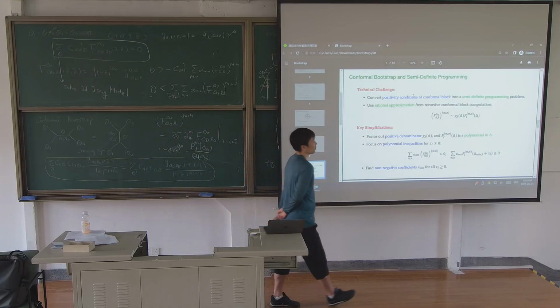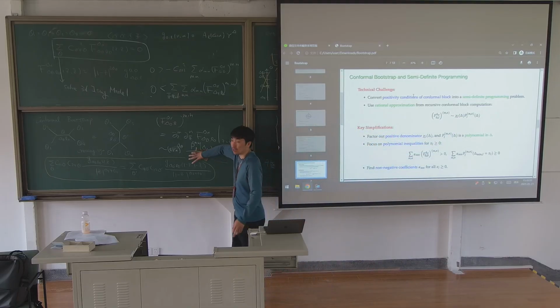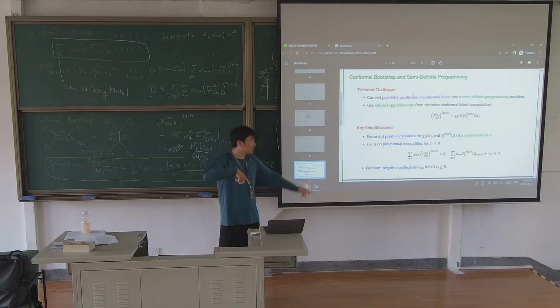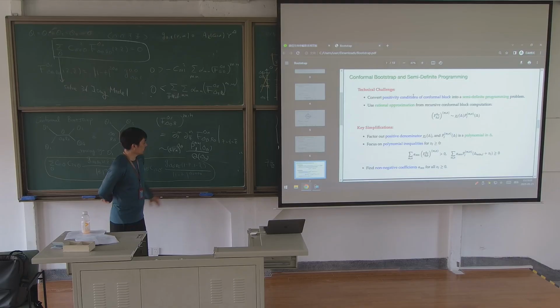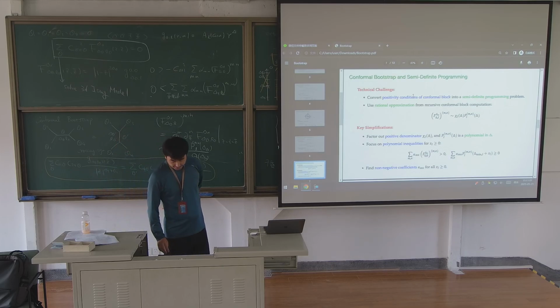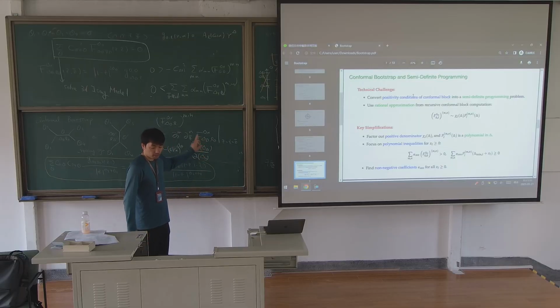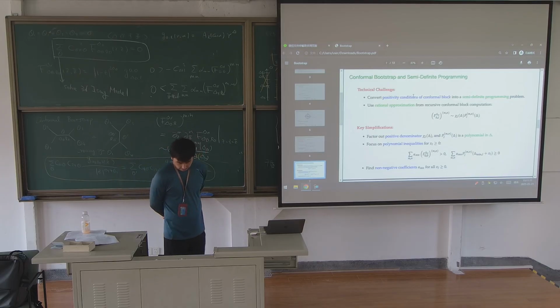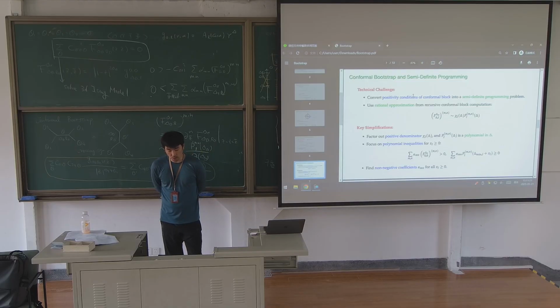And here I use a different notation. This chi of l is the denominator, 1 over q is chi of l here. As I mentioned, this denominator is always positive for unitary CFT. And then the numerator P of l here is a polynomial in delta, as I mentioned. This is a property of this conformal block.